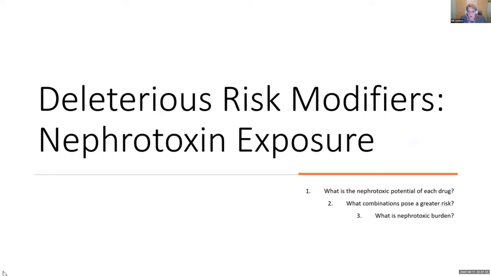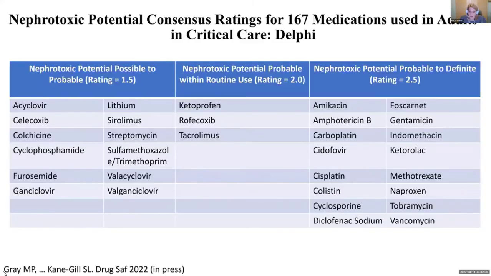So deleterious risk modifiers: I'm going to speak specifically about what is the nephrotoxic potential for each drug, what combinations pose the greatest risk, and what is nephrotoxic burden. I mentioned to you that I have just completed a modified Delphi because I was curious about expert opinion.